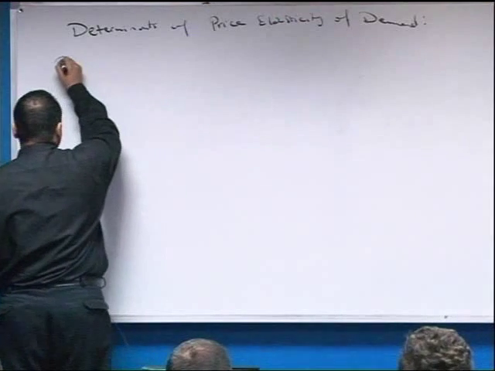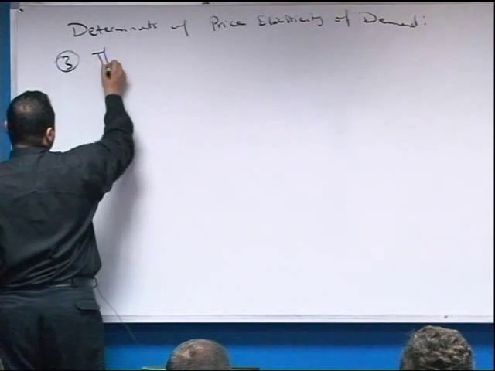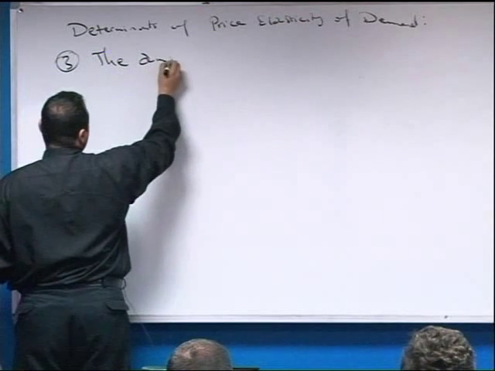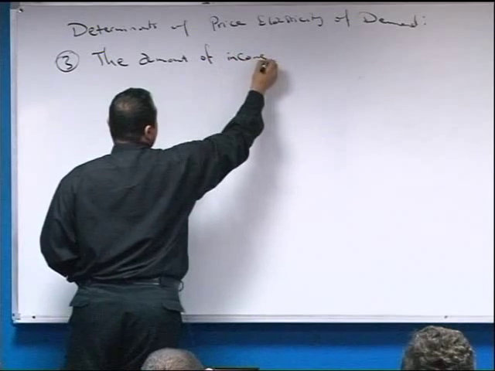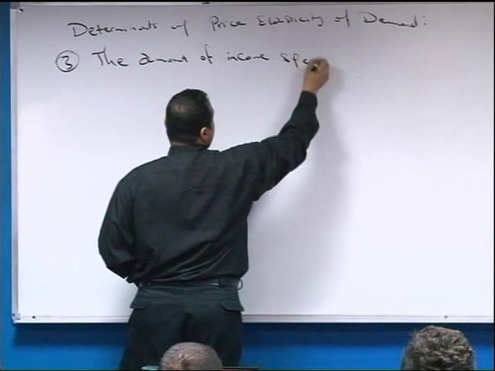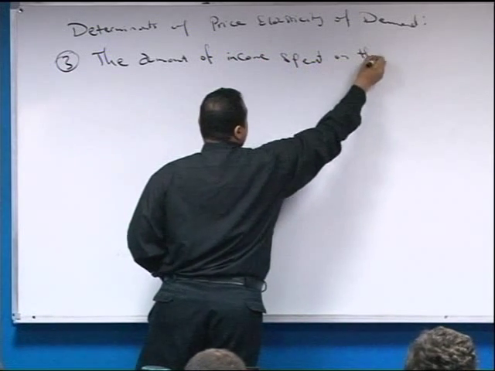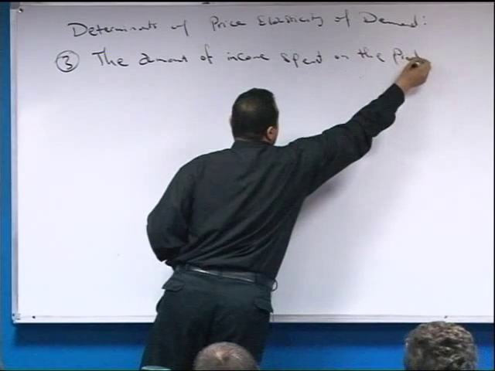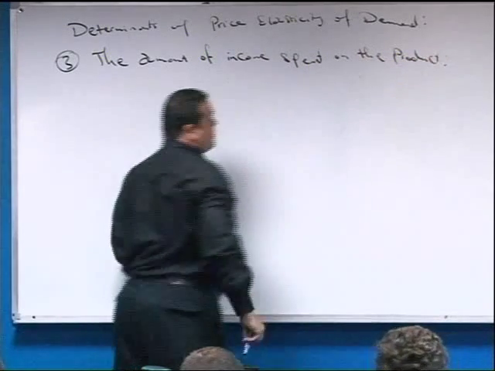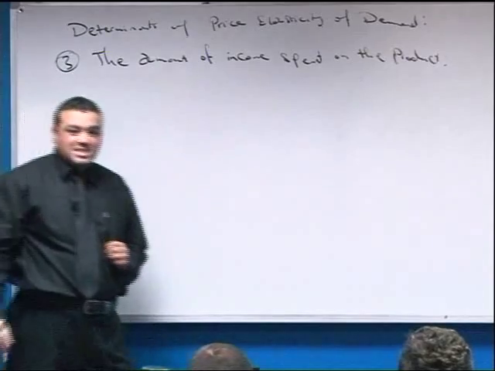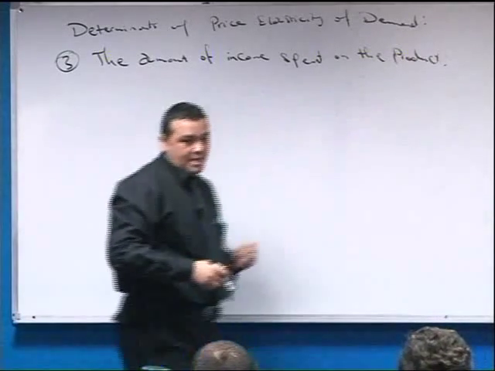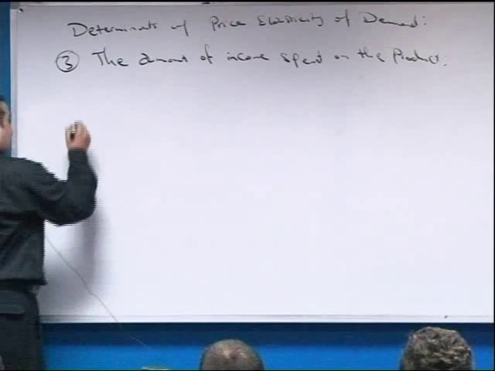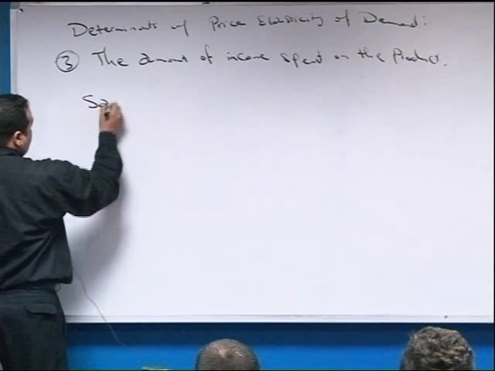Number 3, the amount of income spent on the product. Let's take an example to make it easy to understand the idea. What about the demand for salt, the price of salt?